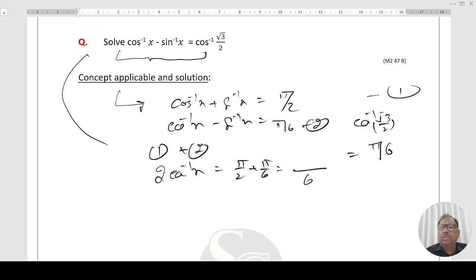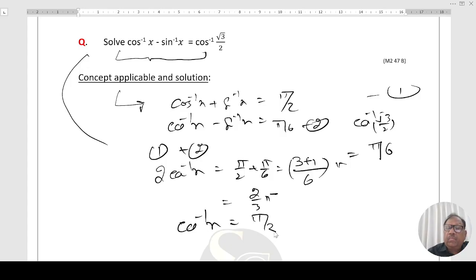On simplification, this comes out to 3 plus 1 over 6, which is 4 by 6, so cos inverse x comes out to be pi by 3.